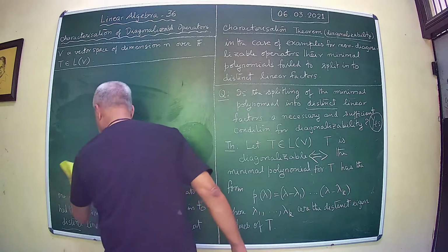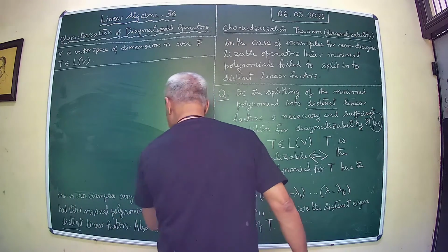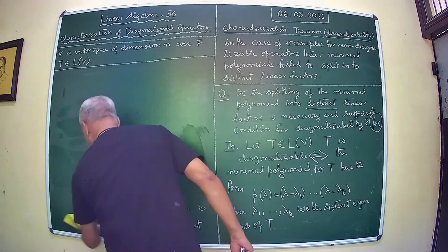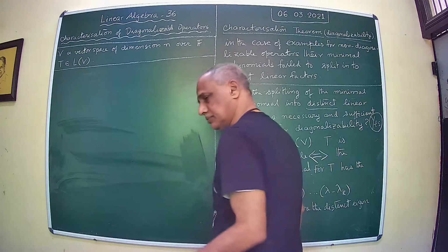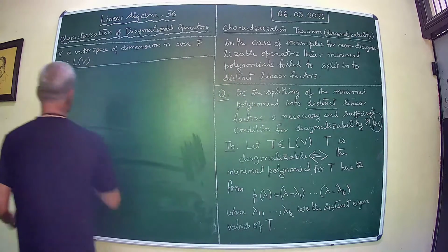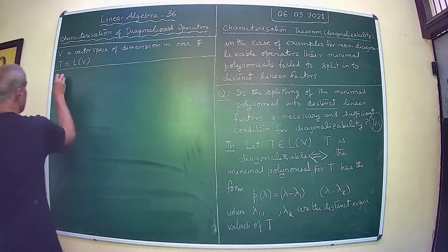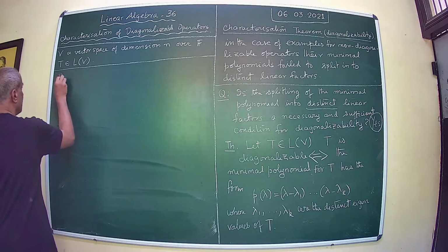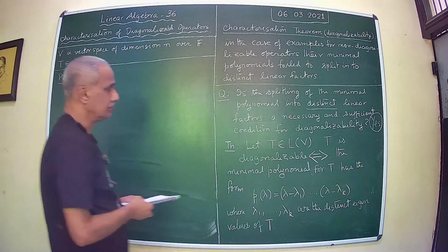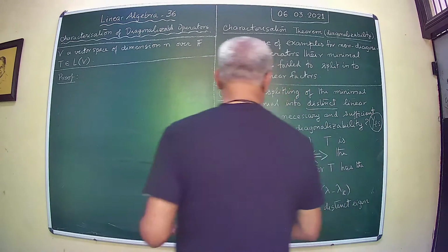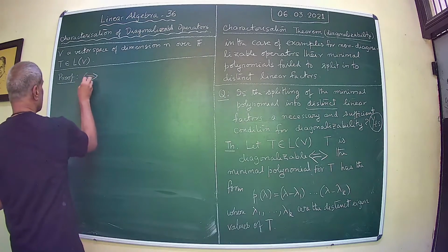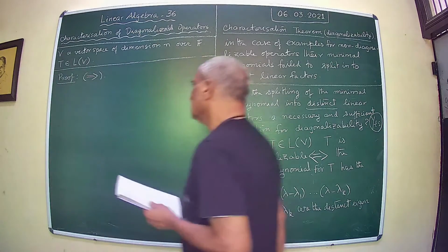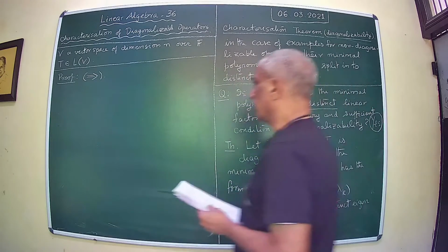This is this. One part is what we have already seen. Assume T is diagonalizable.